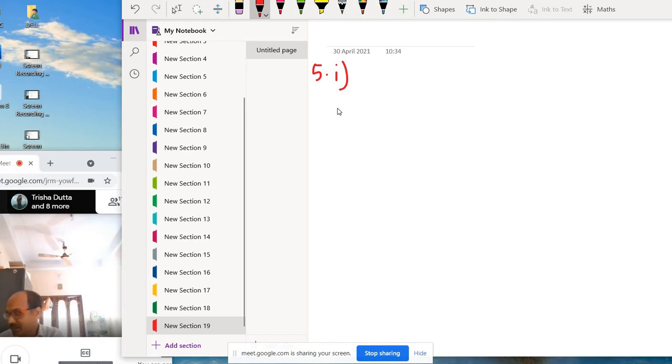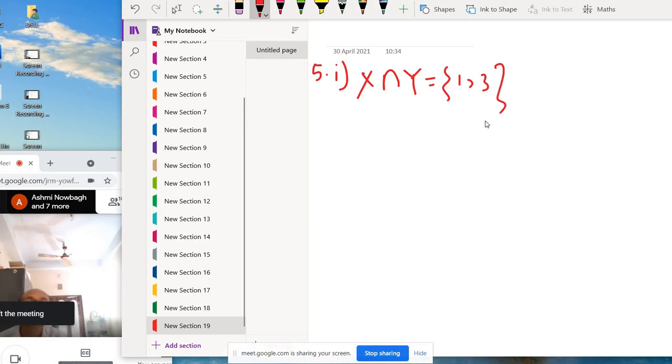So x intersection y, this is the intersection symbol, equal to set 1, 3. Answer, common of x and y.